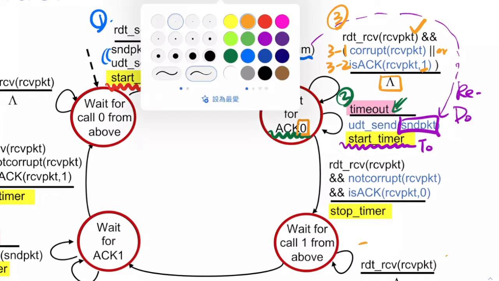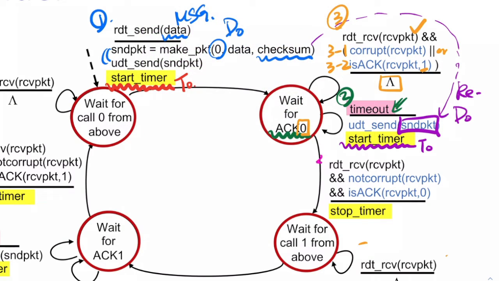Or in step number 4, we receive a packet that is not corrupted and has the expected sequence number. Then we will stop the timer, set up right here or right here, and we continue to the next state, waiting for call from above using sequence number 1.